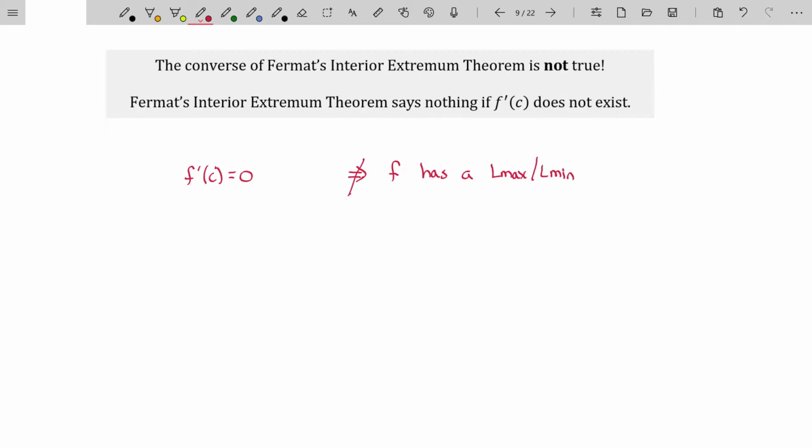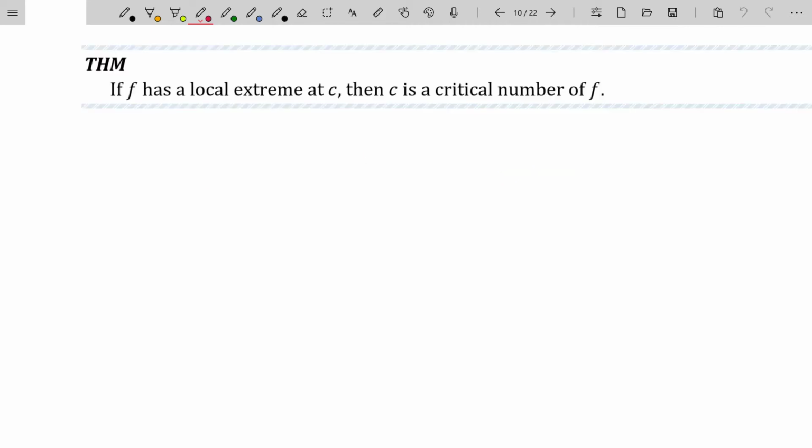Also, if the derivative at c does not exist, then you just can't say anything. Fermat's theorem doesn't say anything at all. You could have a local extreme, but the derivative not existing means that the derivative doesn't exist. That's just it. And here's a very last theorem that we're going to talk about.